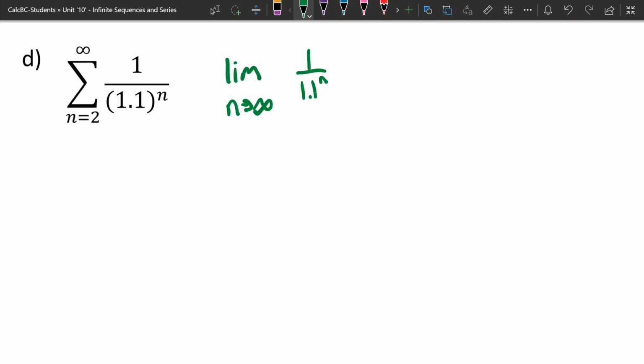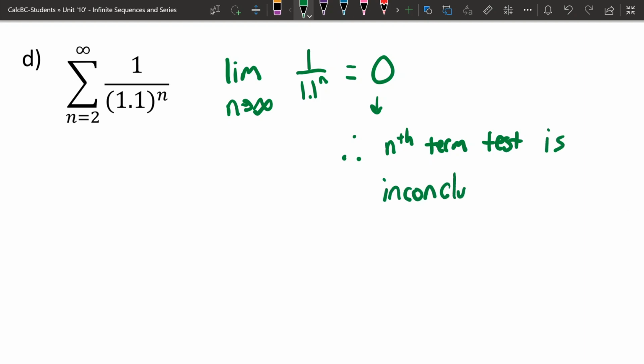With a base bigger than 1, the denominator is growing to infinity, so that value is going to 0. So our nth term test does not help. We can say it is inconclusive.